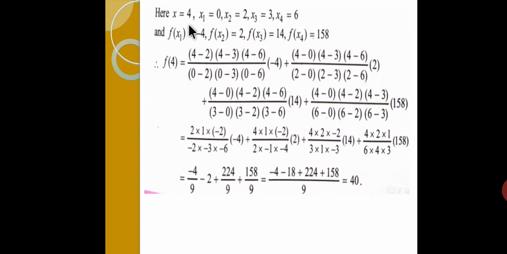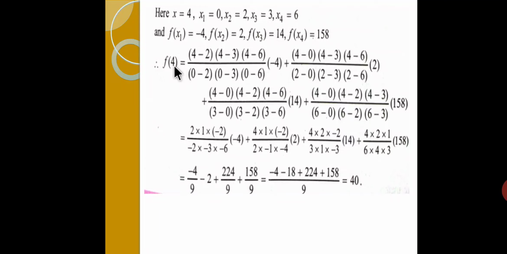We substitute these values in this formula, and x is the required value. At x is equal to 4, we have to find the y value, so x is 4. We substitute all these values in the formula.